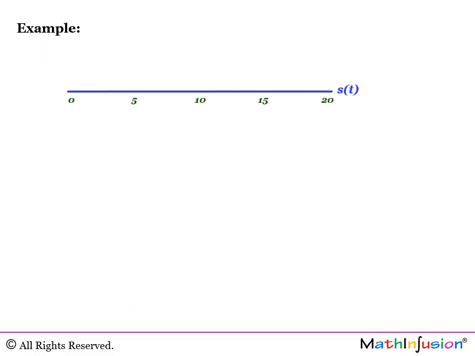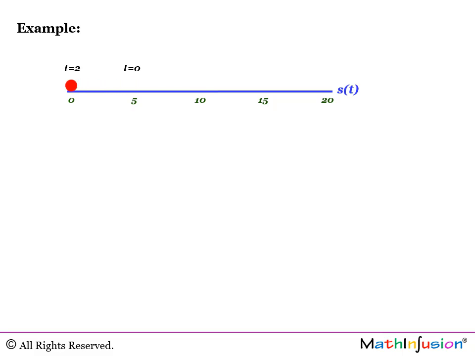I would like to show you an example of a rectilinear motion. Because the object is only moving on a straight line, it can only move left and right. To describe that, we have to write the time and the location. For example, here at t equals 0, it is at 5.